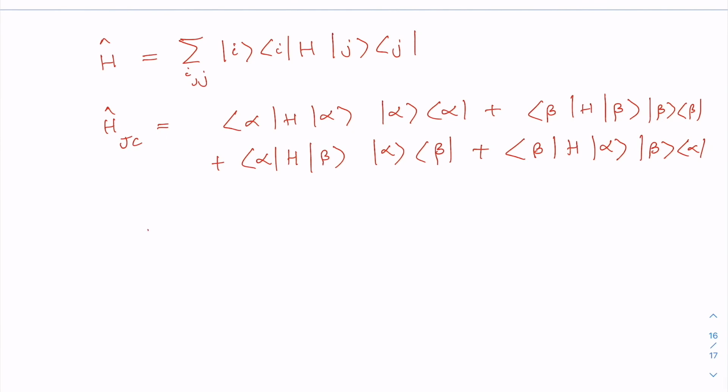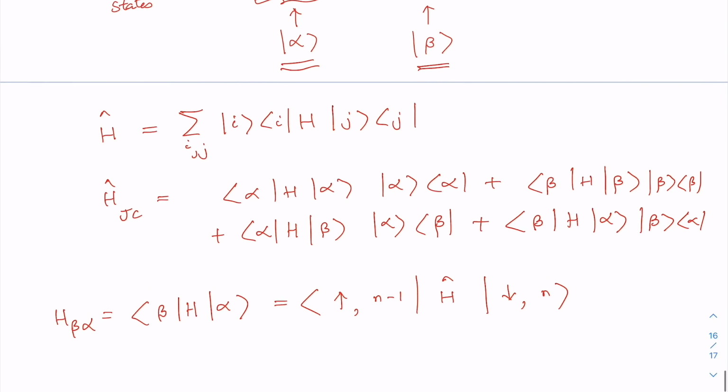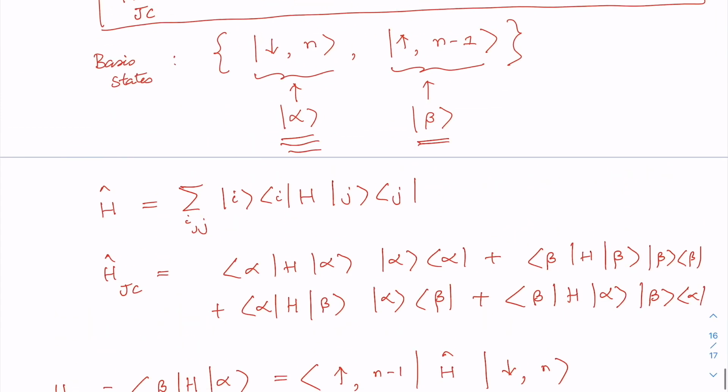Already we have worked out this element ⟨β|H|α⟩, which I can denote as H_βα, and β we have taken as the up state of the atom and n−1 photons of the field, and α is the down state of the atom and n photons, right? That's how I have taken my α and β.